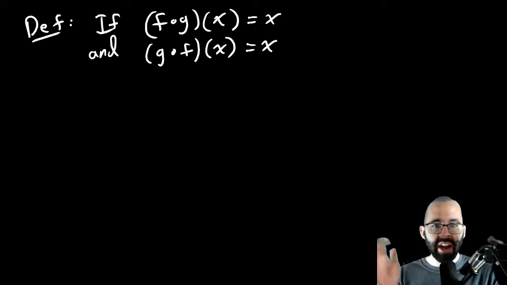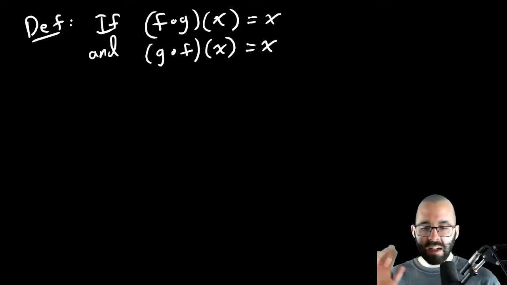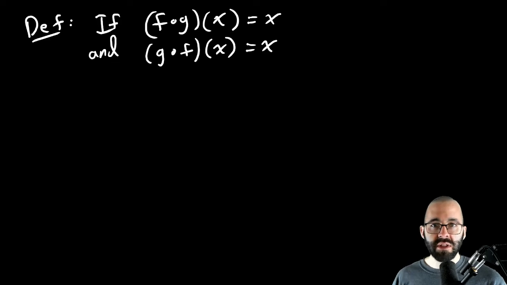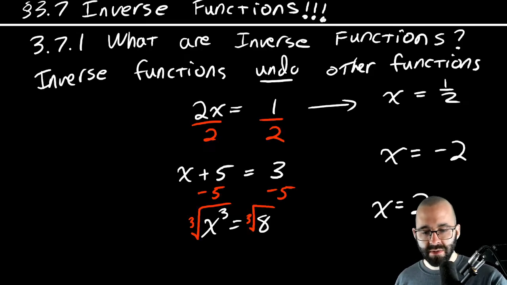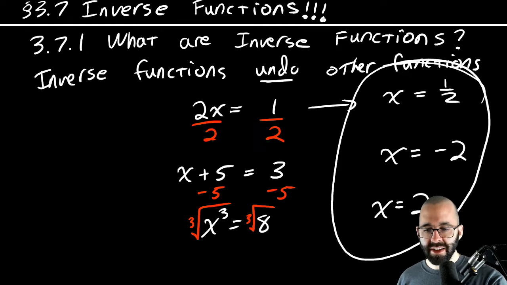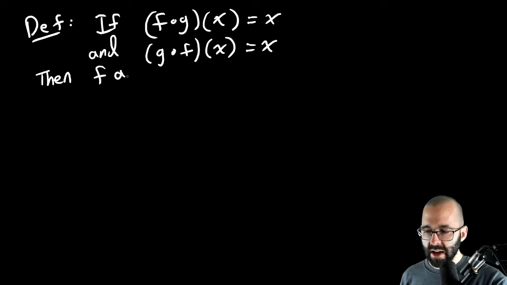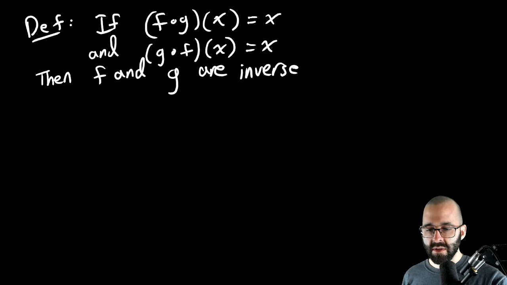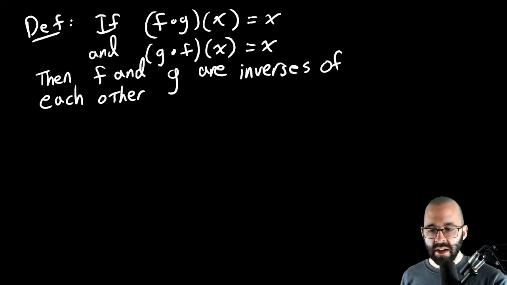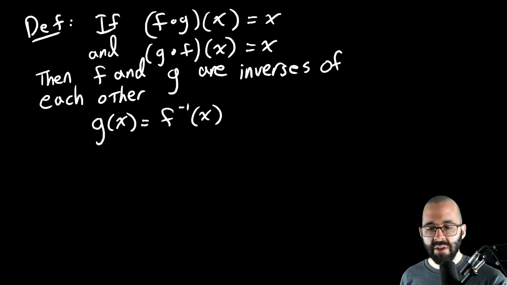If we do g first and then f, or f first and then g, if the result is that these functions cancel out and we're just left with x, just like over here, then f and g are inverse functions, or inverses of each other.